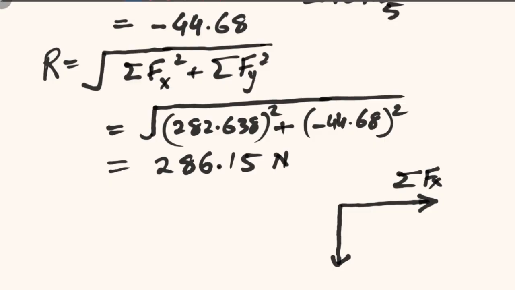That is minus 44. So how will this R be represented? You can say that the value of this resultant is this much, and here is your R. So this will be the angle that it makes with positive x-axis.